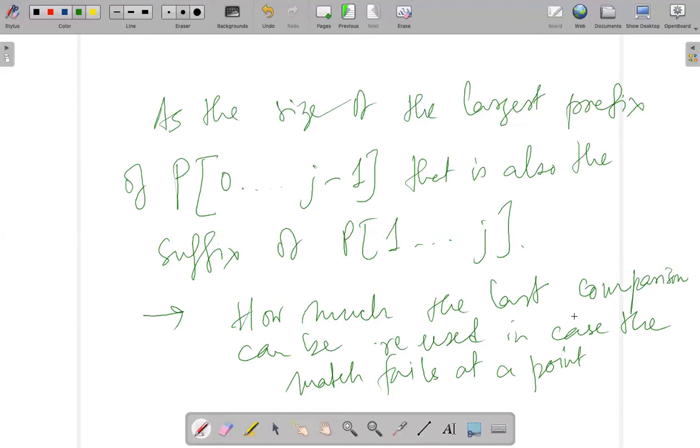Since you are backtracking on the pattern, which is typically much smaller than the main string, this is the beauty of the algorithm. You will only backtrack on the pattern, rather than on the main string, which might cost you more.